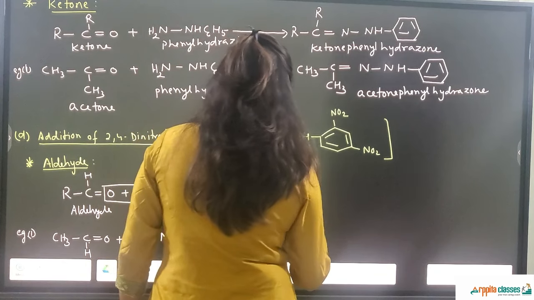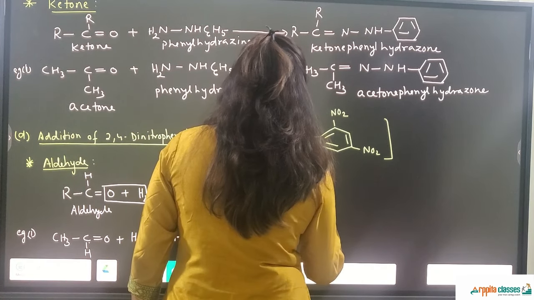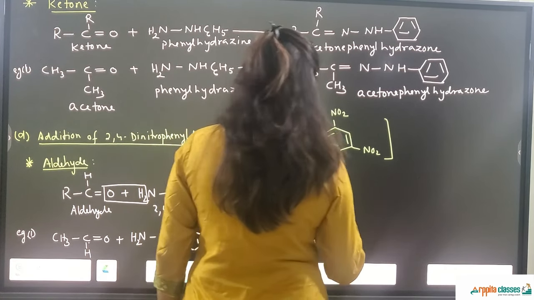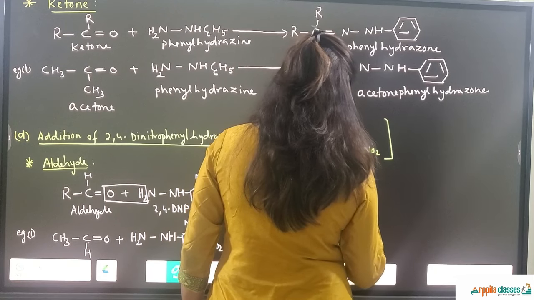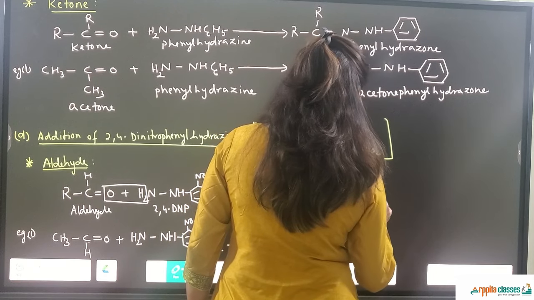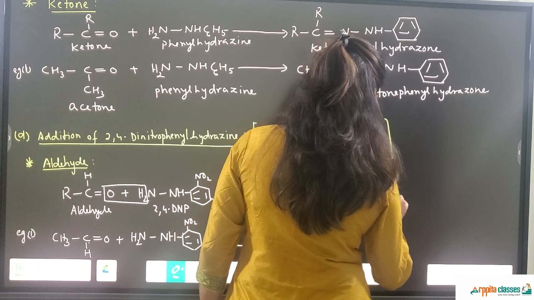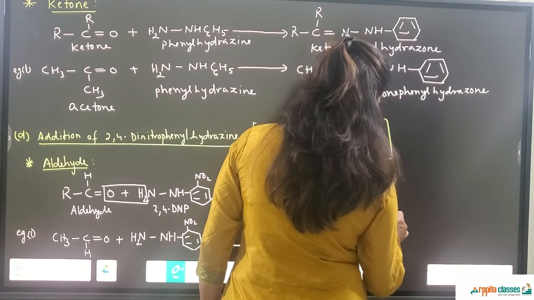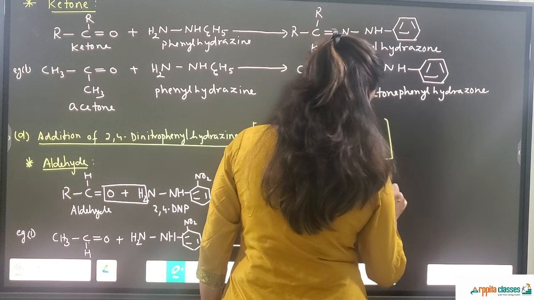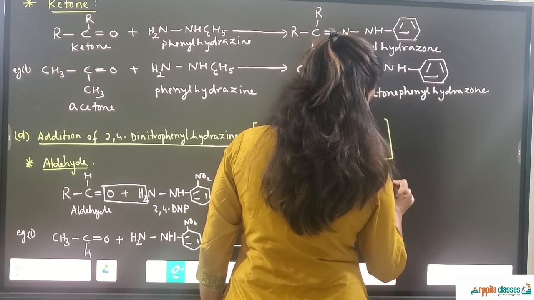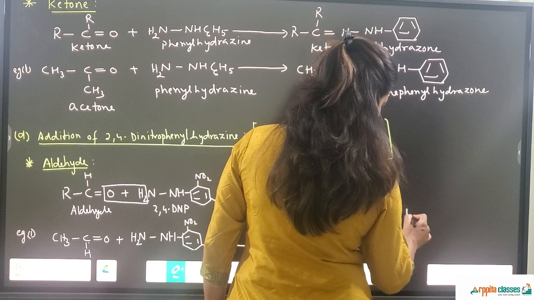So rest of the part you join RCH, double bond N and then NH, and then with this you will be having a benzene ring. Draw the benzene ring, and in the benzene ring in the second position NO2, and in the fourth position NO2.